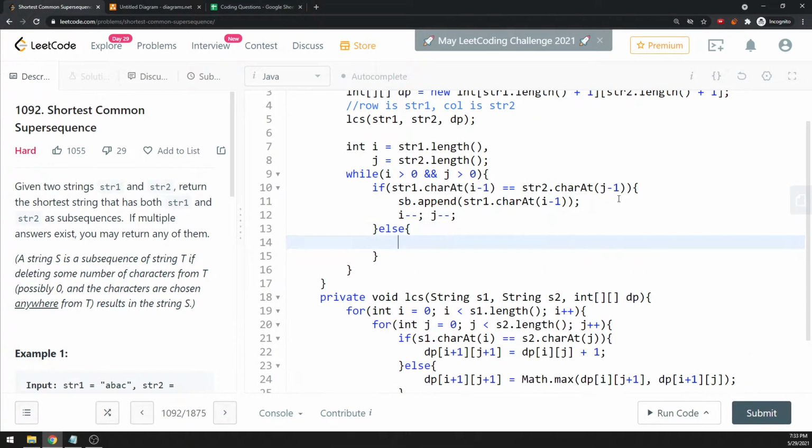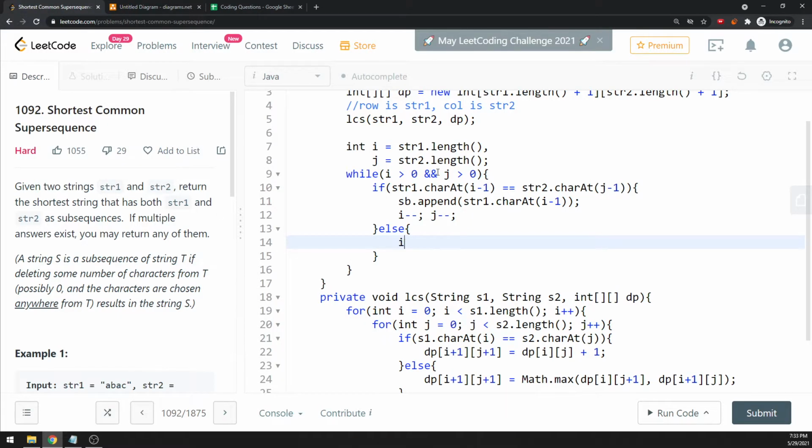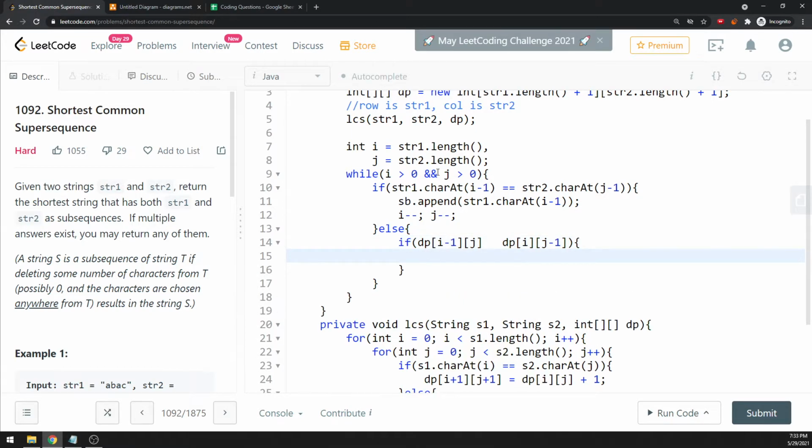Now if they are not the same, I have to check which value is greater, top or left. So if dp i minus 1 j is greater than dp i j minus 1, where i minus 1 represents top and j minus 1 represents left, then top is greater than left.